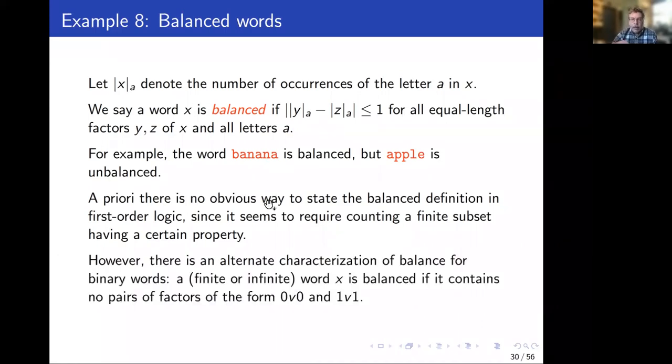But luckily, people have studied balanced words very extensively, and you know that there's an alternate characterization of balance for binary words. A finite or infinite word x is balanced if and only if it contains no pairs of factors of the form 0v0 and 1v1 simultaneously. So that is a first order assertion.